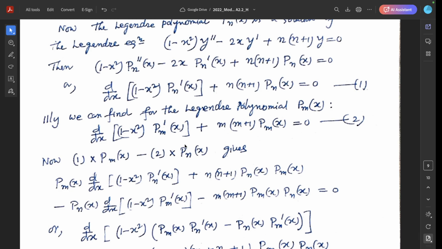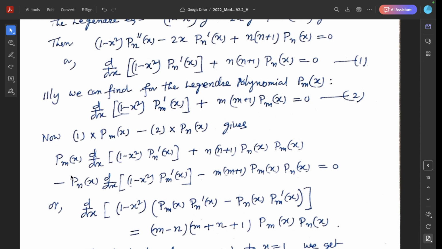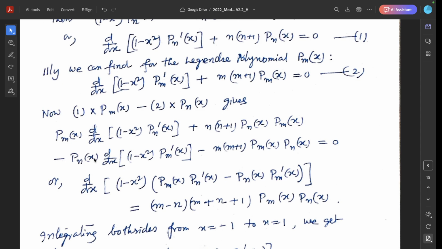Now multiplying 1 by Pmx and multiplying 2 by Pnx and subtracting, we get Pmx d/dx of this plus n into (n plus 1) Pnx Pmx, minus Pnx d/dx of this minus m into (m plus 1) Pmx Pnx equal to 0.